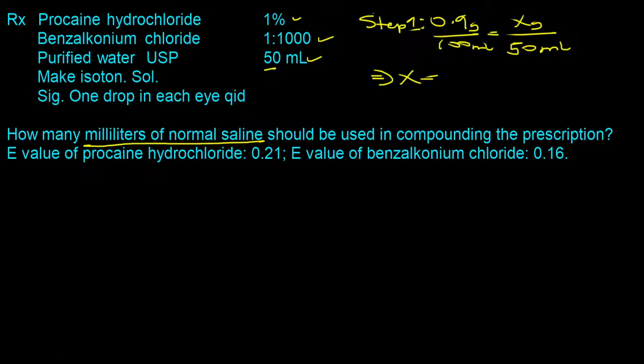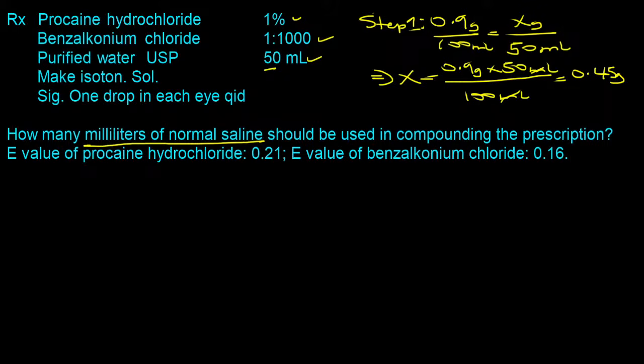And X is going to be equal to 0.9 grams times 50 milliliters divided by 100 milliliters. The milliliters cancel out and you end up with 0.45 grams.